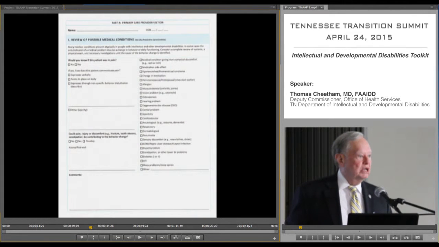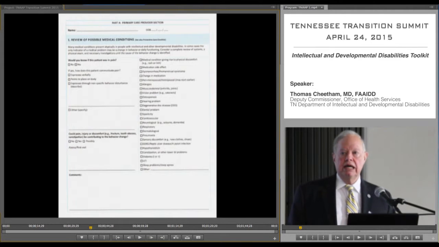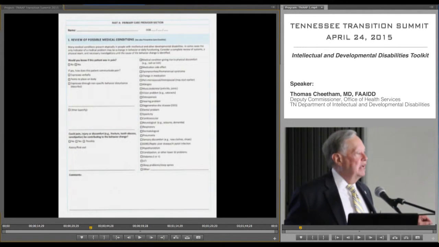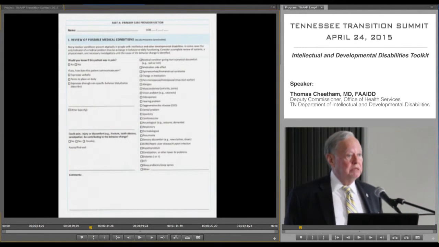So you'll see on page 27, there's a long list of medical conditions. Again, if the person has a syndrome, a Health Watch table can be particularly helpful, but these are more general.